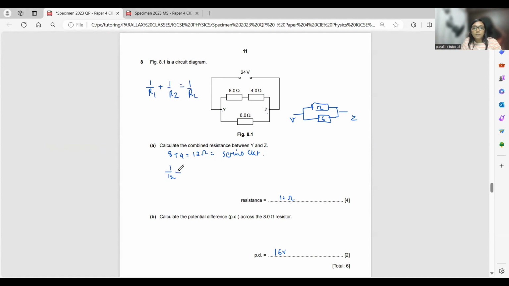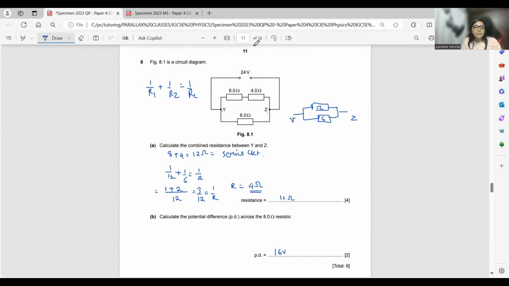So 1 by 12 plus 1 by 6 would be 1 by R. Take the common denominator, it's 12. So this will be 1 plus 6 into 2, which will be 2. So this will be 3 by 12 will be 1 by R. So R should be 12 by 3 or 4 ohms between Y and Z.